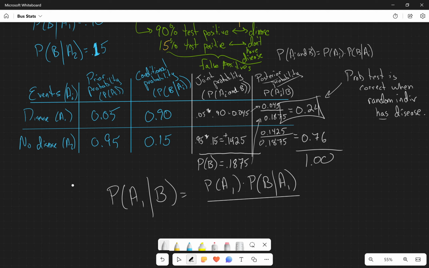And then on the denominator is going to be all of the individual joint probabilities that could occur, right? So we're going to have P of A1 times P of B given A1. So that same term from the numerator, we always pop it down in the denominator. And then we're going to look at the other joint probability, P of A2 times P of B given A2.